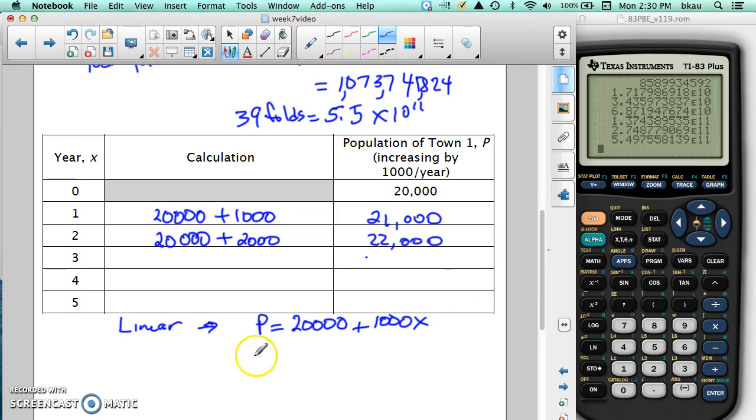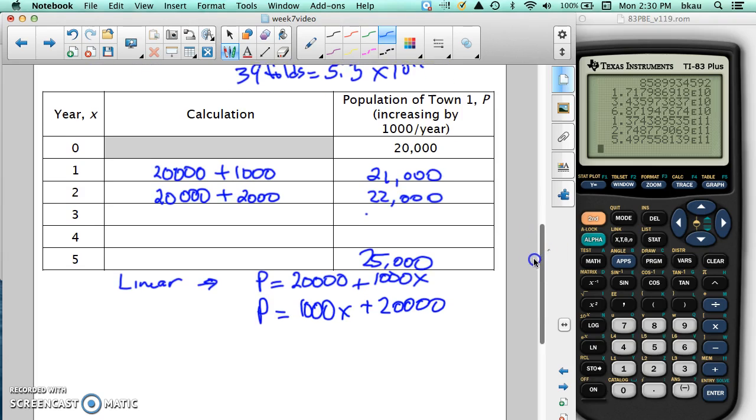We could also write it in slope-intercept form by writing it 1,000 X plus 20,000 if you want to do it that way. So either way, that's the same thing, and we calculate it by putting in the number. So if we put in 5 here, this should be 25,000. So it's growing linearly by the same constant.